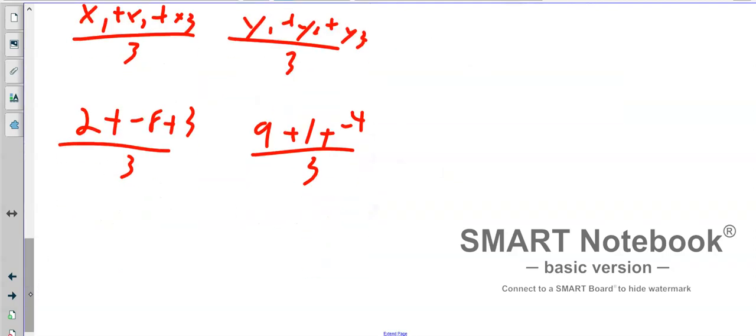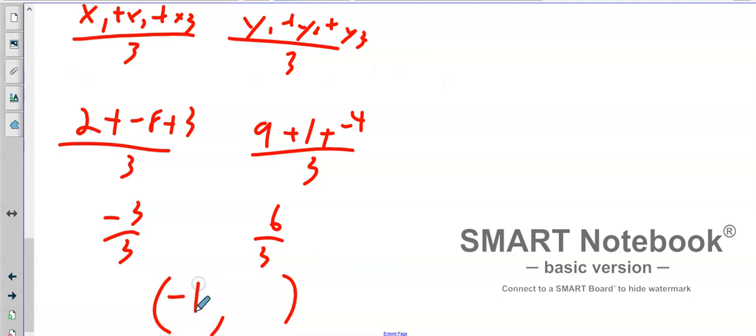Well, 3 plus 2 is 5. Plus 5 minus 8 is negative 3 over 3. 9 plus 1 is 10. 10 minus 4 is 6 over 3. So the coordinates of my centroid is -1, 2. And that's it.